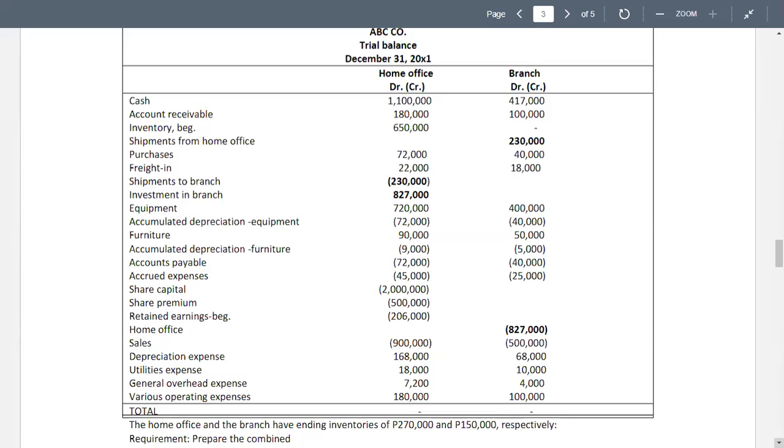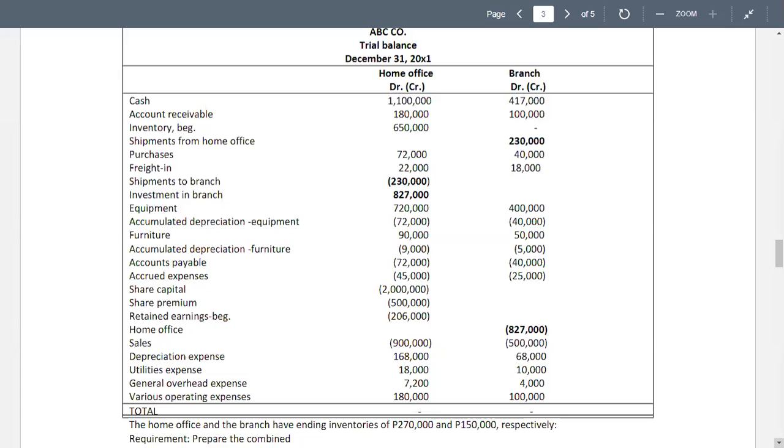Okay, so we now begin with copying to the home office debit credit column. We just copy exactly all of this from cash up to your various operating expenses.